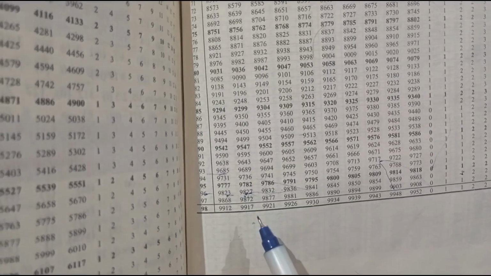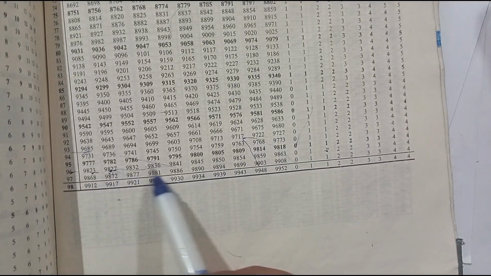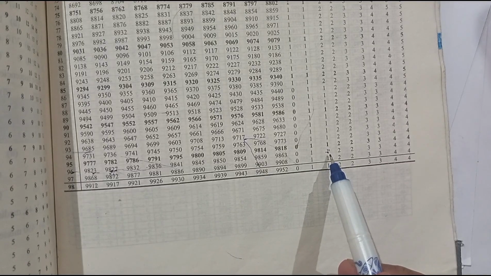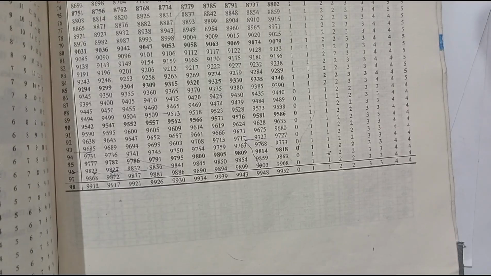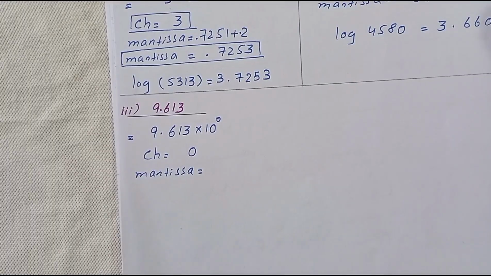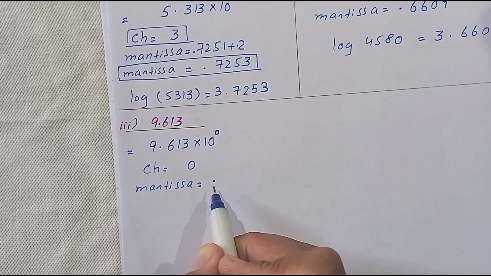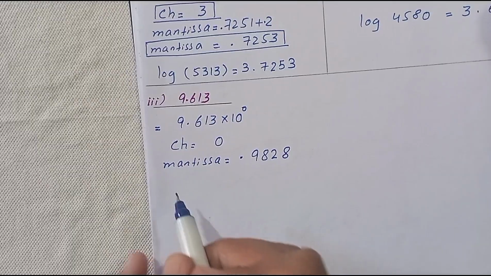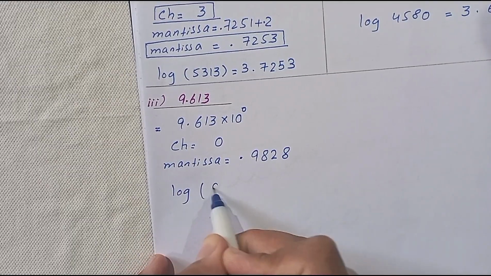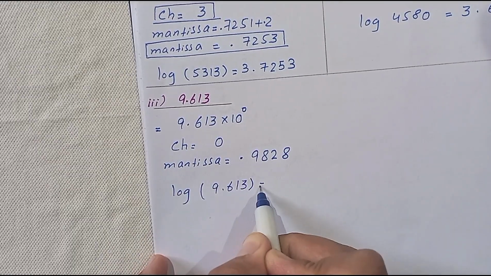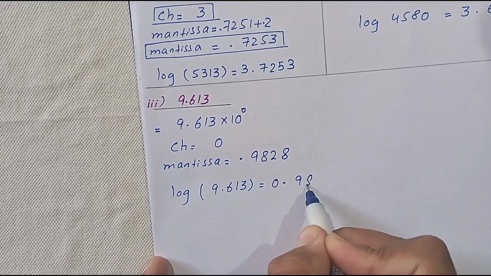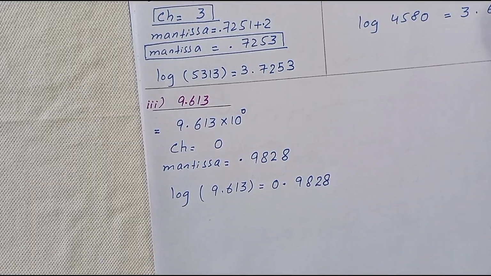Now look in the third column. In the third column the value of 96 is 1. So we add 1 to 9827, which gives the mantissa 0.9828. The value of log 9.613, adding characteristic and mantissa, is 0.9828, which is the required answer.